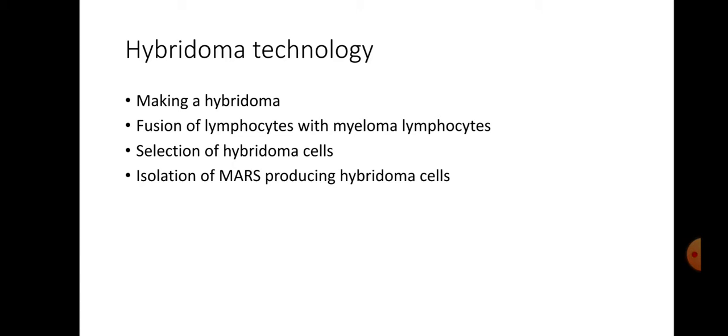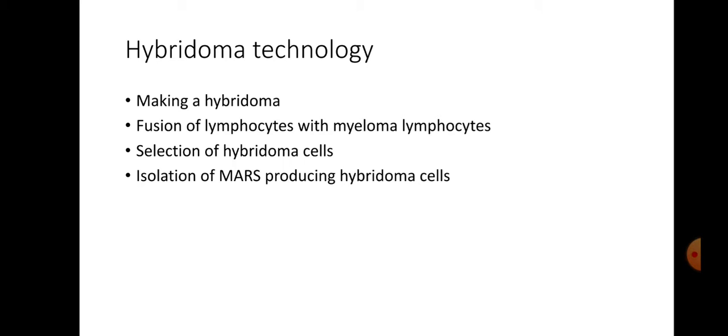The second step in making a hybridoma is killing of the animal and separation of lymphocytes. 3 days after the final dose of the antigen, the animal is killed. The spleen is aseptically removed and gently disrupted to release the spleen fluid containing lymphocytes and red blood cells. The lymphocytes are separated from the spleen fluids by density gradient centrifugation and are washed.